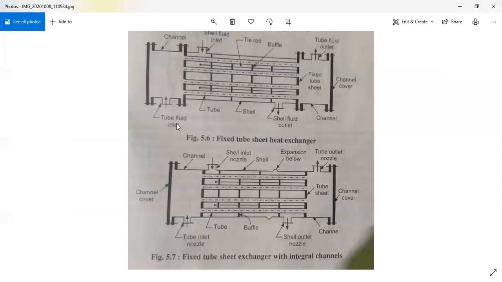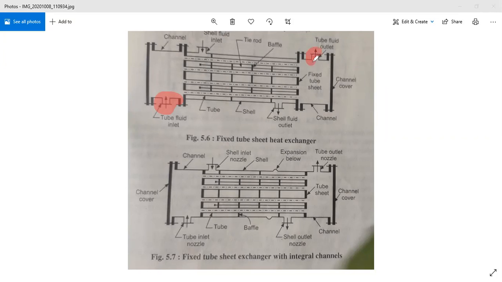The different parts of this shell and tube heat exchanger are the nozzles. So this is the part from where the tube side fluid is going to enter. That is why it is called the tube fluid inlet.